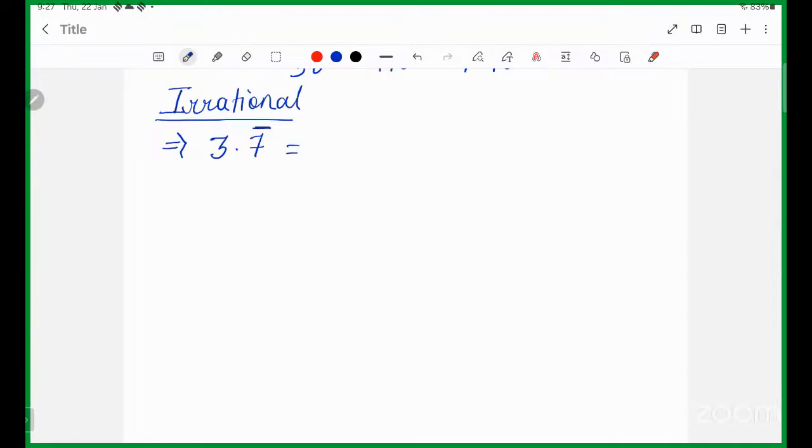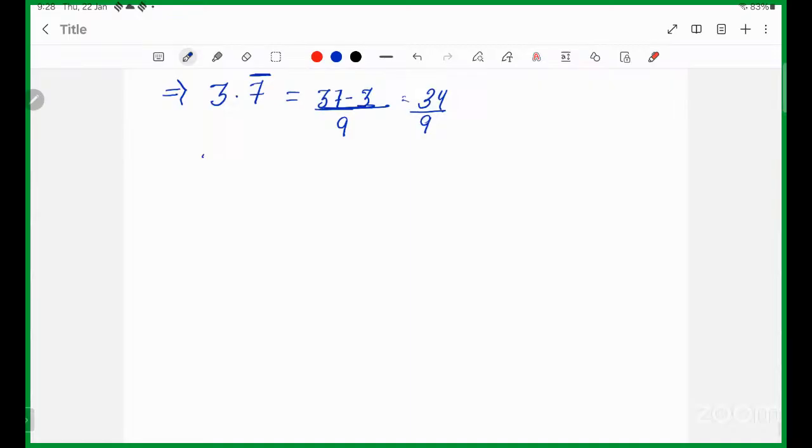In questions which are given like this, what we have to do is just take 9 below, the number of times the bar is given. So bar is given 1 time, so take one 9 below. And above, write the whole number as 37 and subtract the number on which bar is not there. So it will be 34 by 9. Again, we'll take some more examples like 3.14.